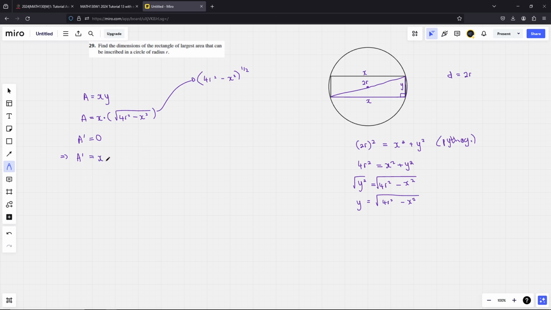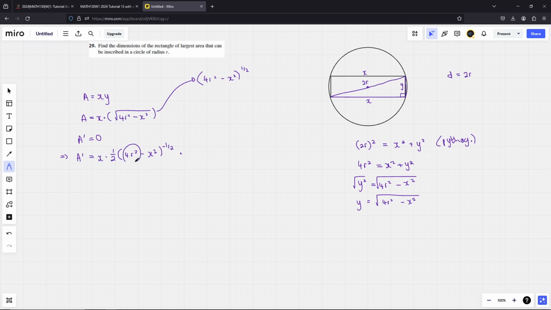So I'm going to copy down the first function. Now taking the derivative of this, which is the same thing as taking the derivative of this, is going to be 1/2. Copy whatever's in the brackets, so 4r squared minus x squared. Now minus 1 from the exponent, this is going to be minus 1/2. Now multiply by the derivative of whatever's inside the bracket.